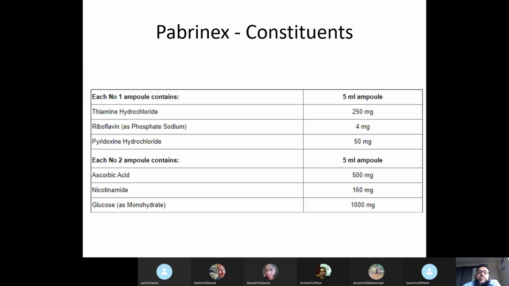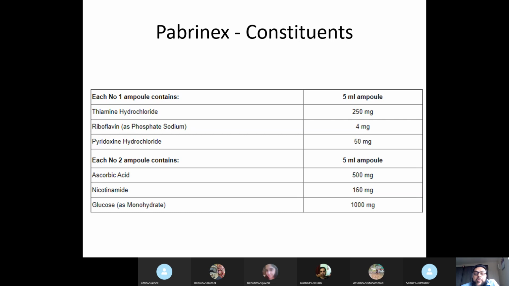So Pebrinex, if you're working in the UK, Ireland, and US, that's the brand of multivitamin used here. Thiamine is 250 milligrams. It's not only 100, but 250 milligrams. And you're giving it for 3 to 5 days, as a TDS injection of both ampules together.